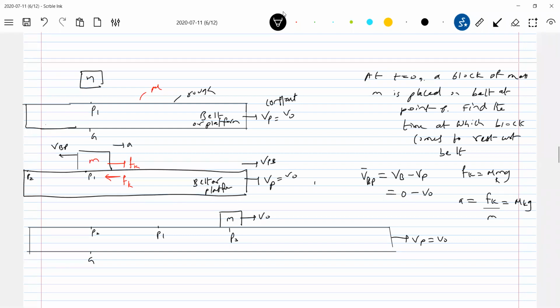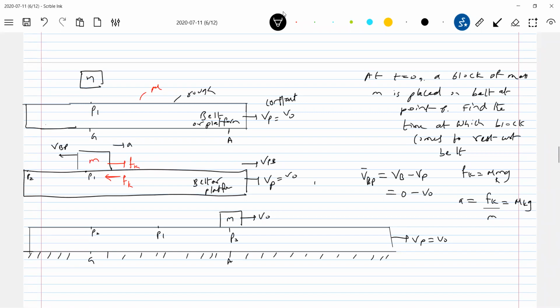So what are P1, P2? The distance moved by the block with respect to the platform. And the distance moved by the block with respect to ground will be up to position A. How to calculate all these parameters? First, the time taken by the block to attain that velocity.